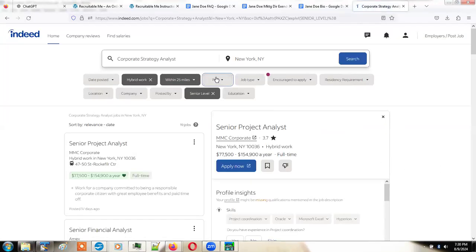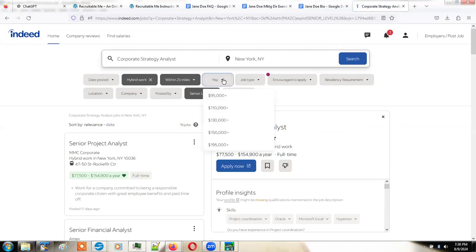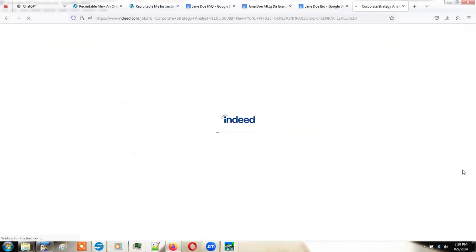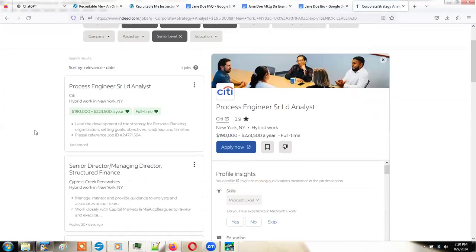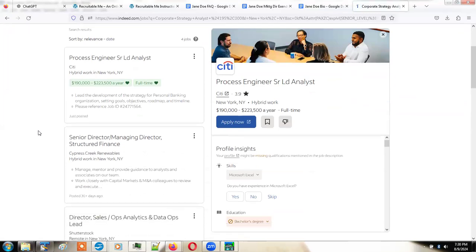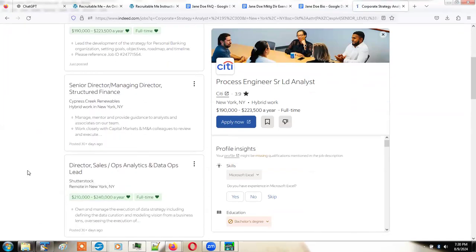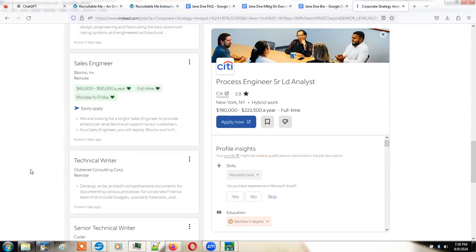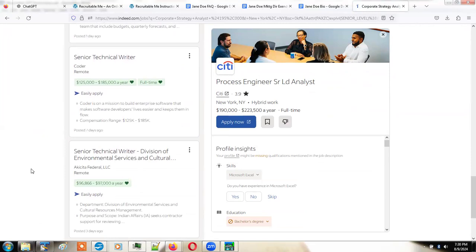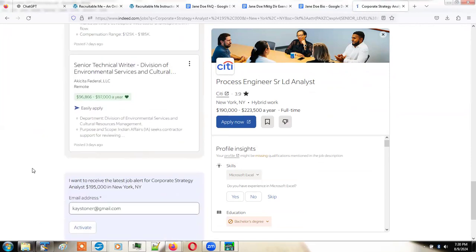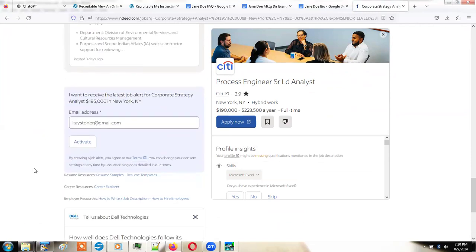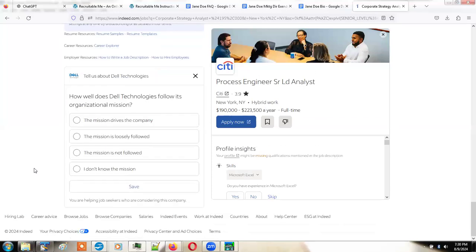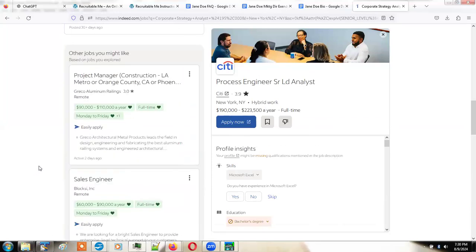Hybrid. And pay. Okay. And obviously you're going to have to look and you're going to have to discern for yourself. But this gives you a little bit more.